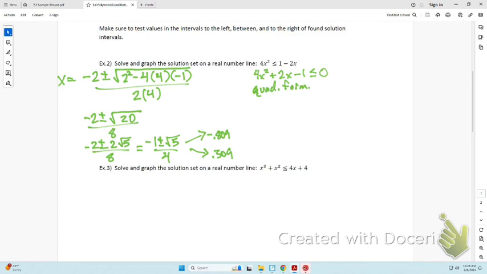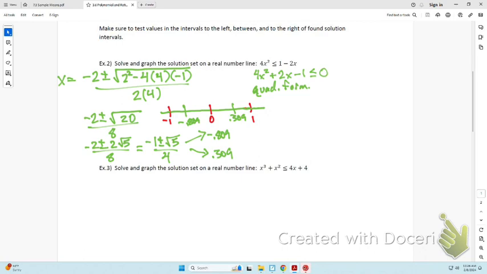So throw that on a number line. I'm going to conserve space here. And we're going to plug in numbers to test. So let's plug in negative 1. Let's plug in 0. And let's plug in 1. That should go on like that. All right, so in red, I'm going to be testing numbers.